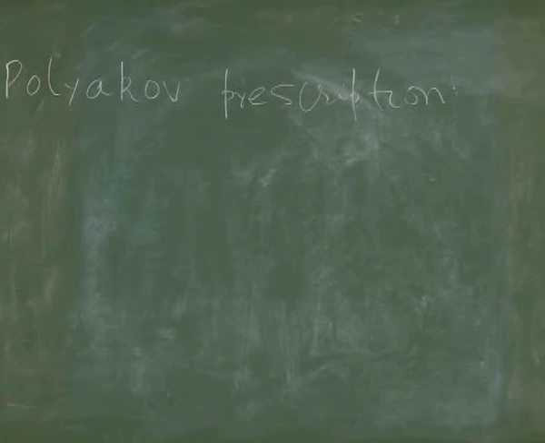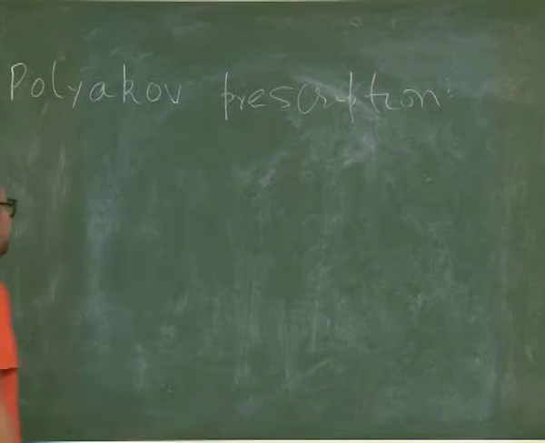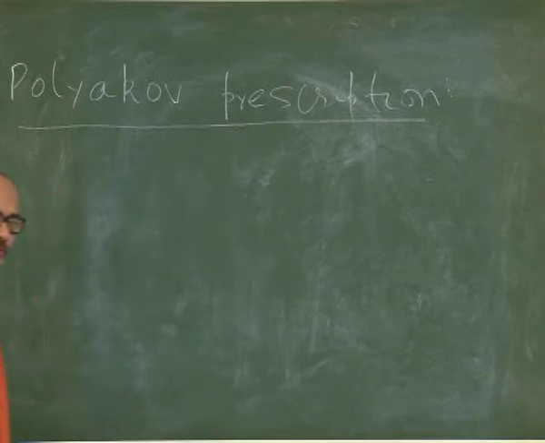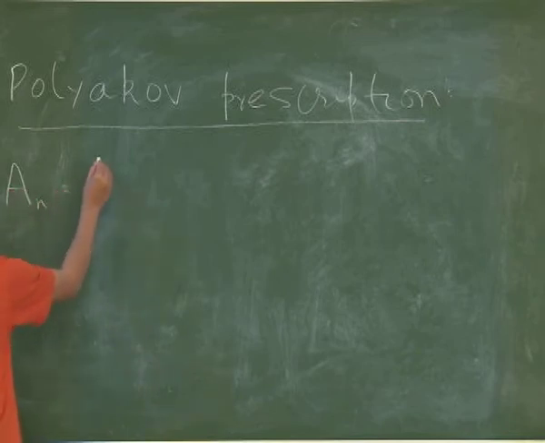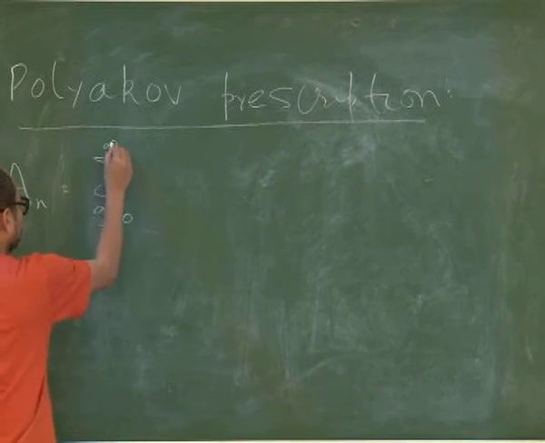So, the Polyakov prescription. This is a prescription for computing the n-point amplitude in string perturbation theory. And the prescription goes like this. The n-point amplitude is given by, first of all, a sum over genus. This G counts the number of loops.